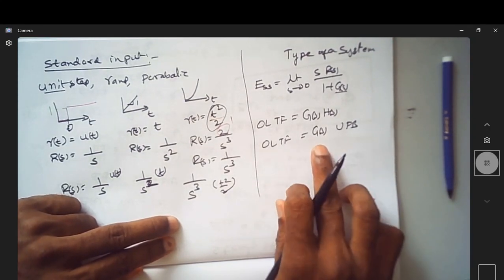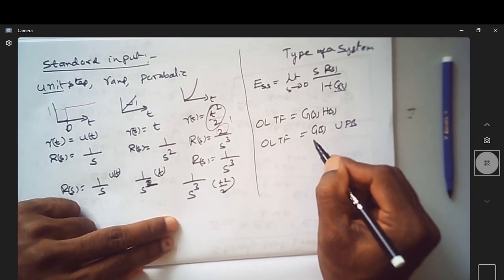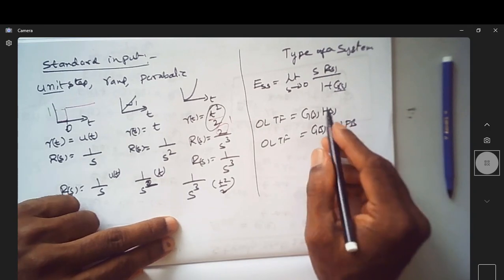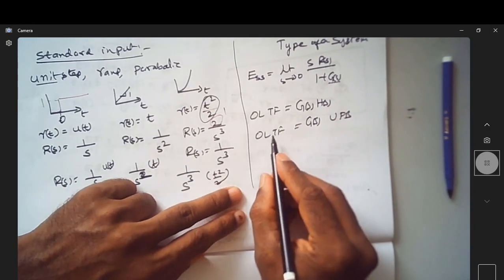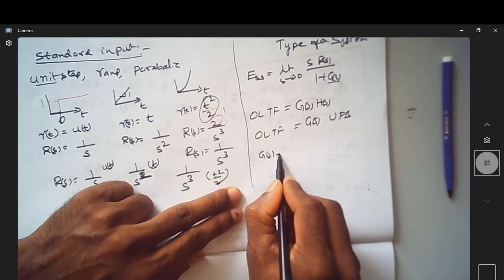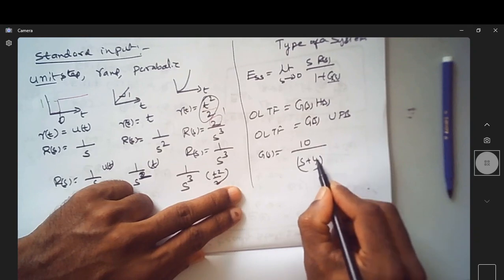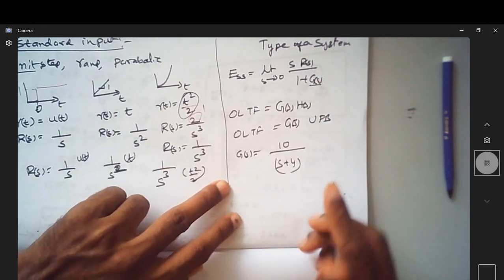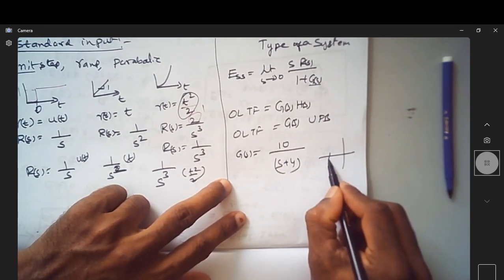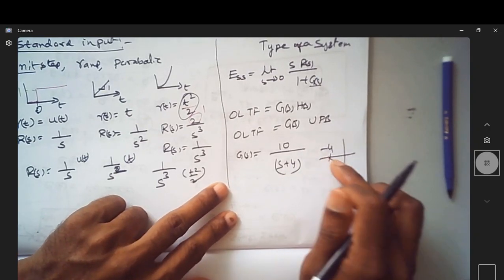So now, looking at the open loop transfer function poles, we define the type of a system. Assume that you have G(s) of a system as 10 by (s plus 4). Looking at this, there is an open loop pole at -4.